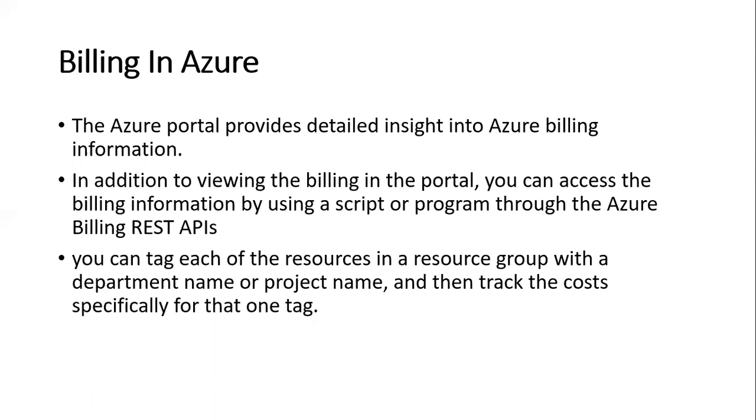You can also make use of REST APIs. They have also exposed REST APIs, with which you can gather the information from your billing and send it to your particular department.